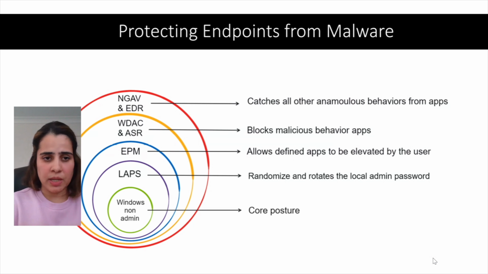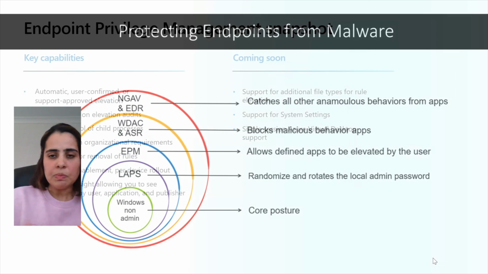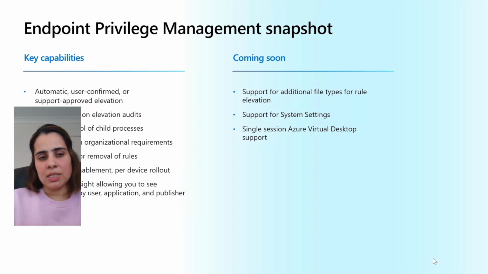This slide was just to make sure that you have this ring information on what are the various controls that we have and where EPM sits. Now, the final one, before we have a sneak peek at the various troubleshooting tools, is EPM at a very high level, what is available. So, what you see under key capabilities is available right now.